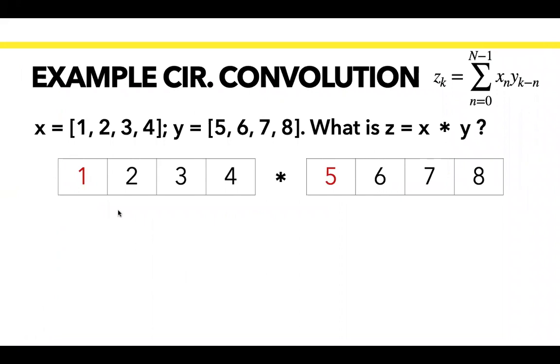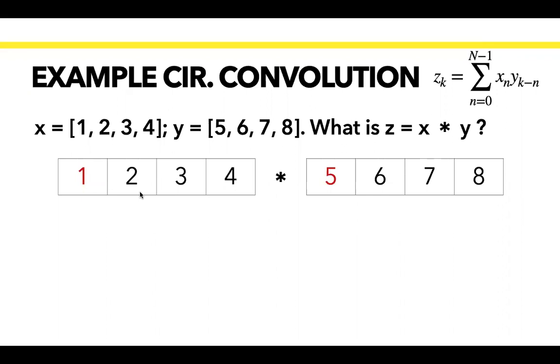Let's think about it. So here is, I'll go ahead and write this on my screen. So here we have 1, 2, 3, and 4, and then 5, 6, 7, and 8. And let me just write the equation.